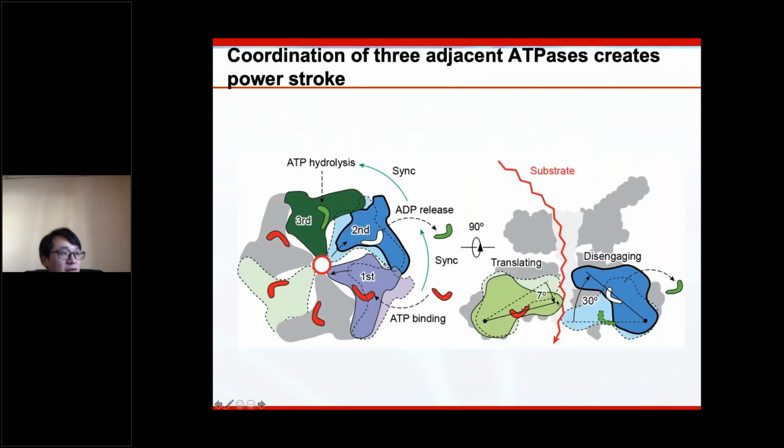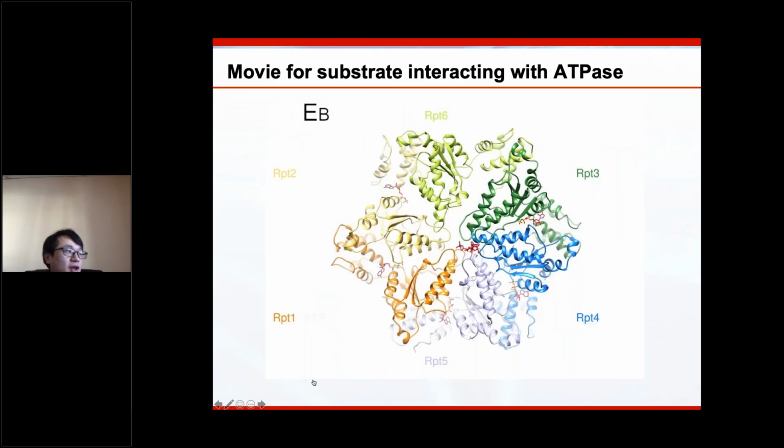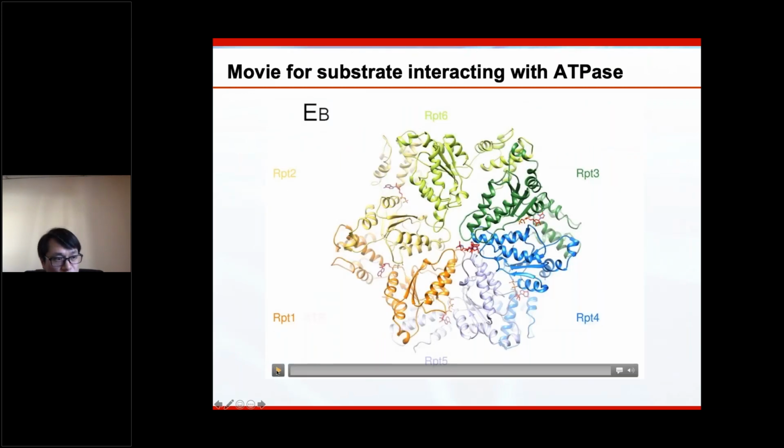But this motion, when combined together, is enough to generate mechanical force to move the substrate towards the core particles. So let's watch another movie that's showing more intimately how these ATPases do the nucleotide exchange and drag the substrate forward.